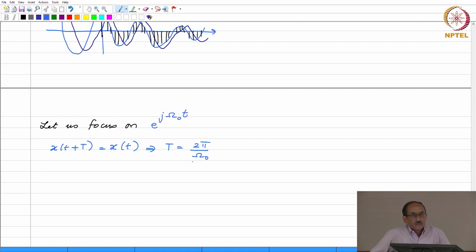No, remember cap T is the smallest number for which this has to be true.